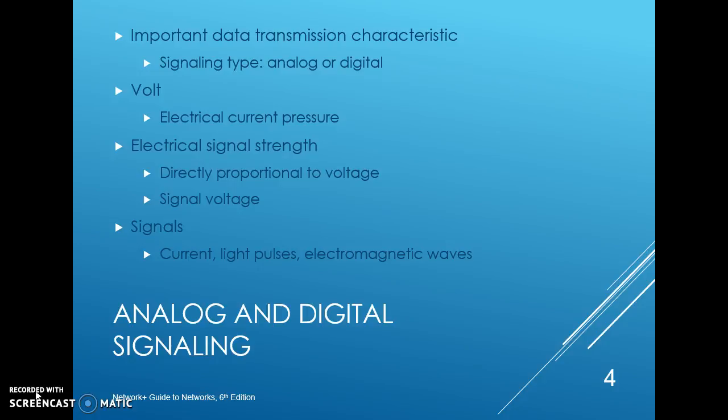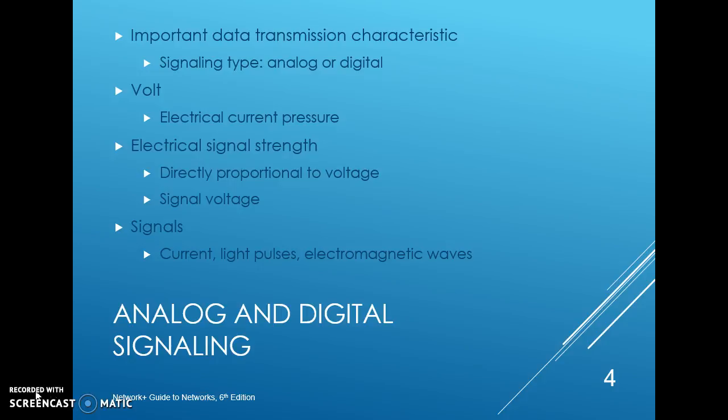The characteristics of the data itself as it goes across the medium that we've chosen is going to be analog or digital. Analog, if it was on a broadband transmission going across, say, your cable network to get to your house. It's going to be analog transmission or a radio signal as it comes out of a wireless device.